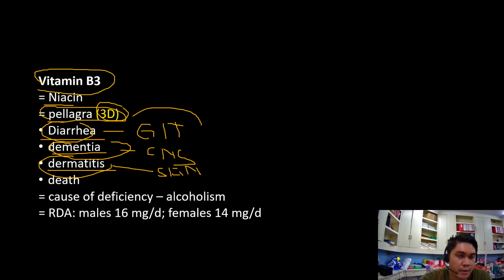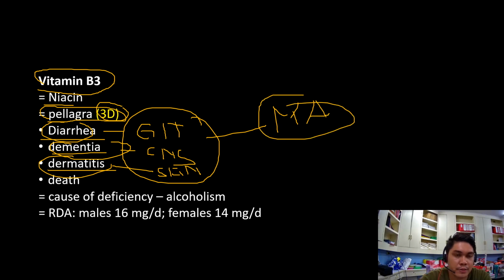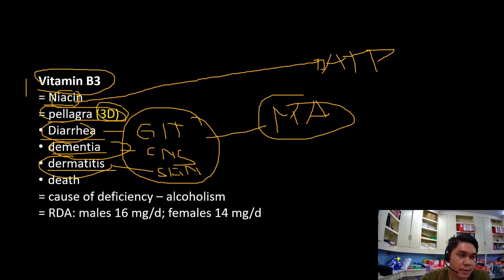So these are metabolically active organs. So since they are metabolically active organs, they need a lot of ATP. And regarding niacin, niacin is important in the production of ATP. So decrease niacin, decrease ATP production.